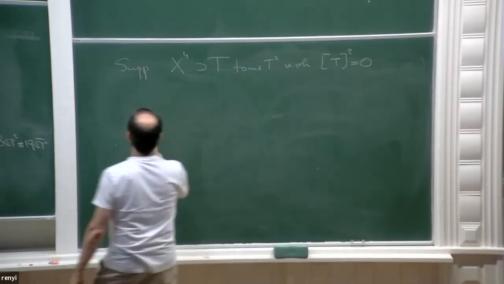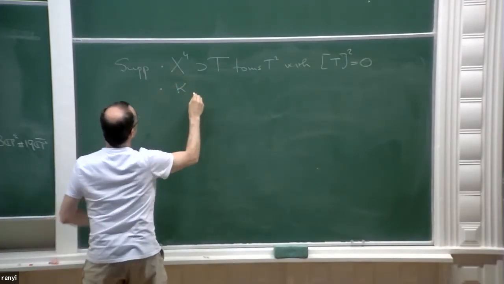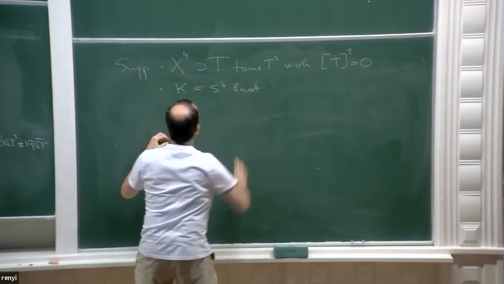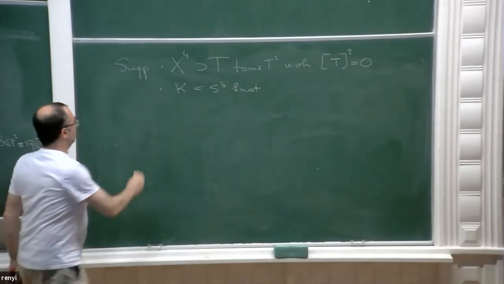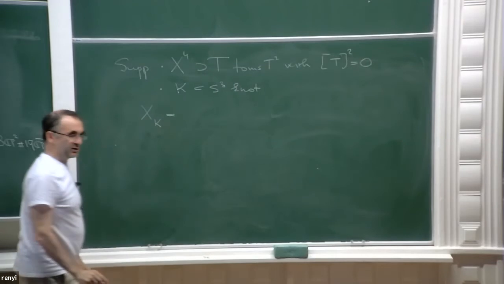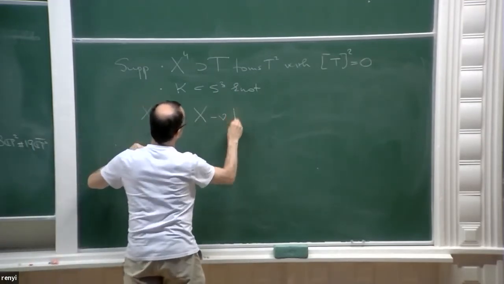And do the following. So this is one input, and the other one is a knot inside S3. Out of these two, we can construct a four-manifold XK by the following procedure. We just take X minus the neighborhood of the torus.